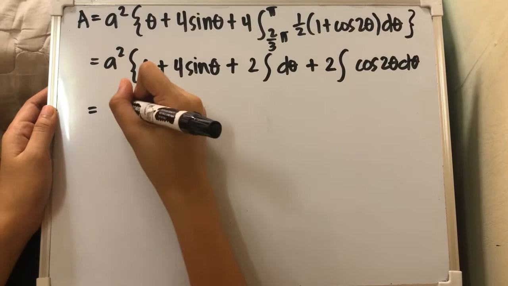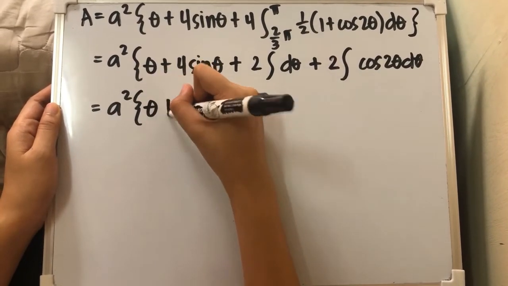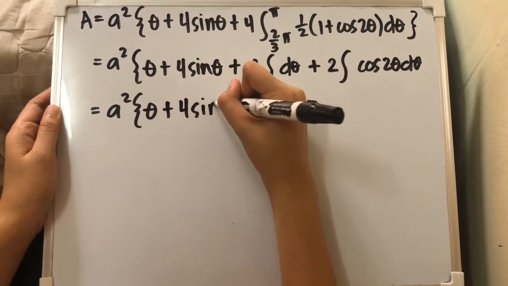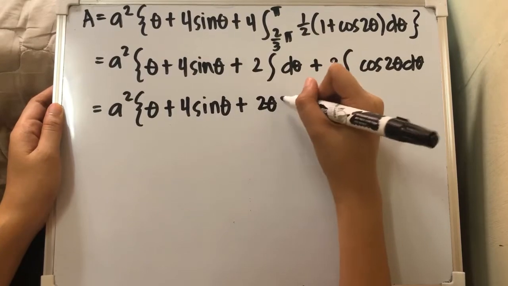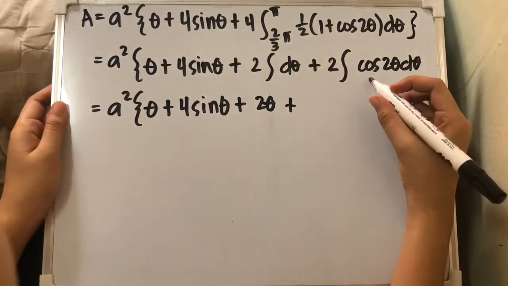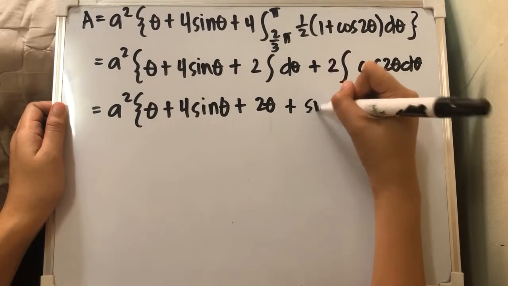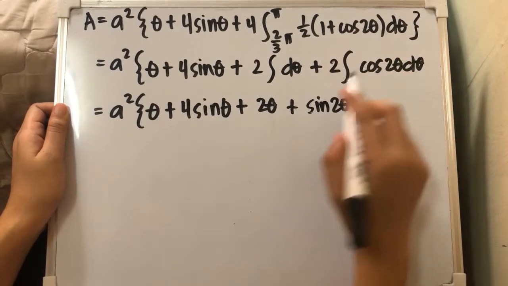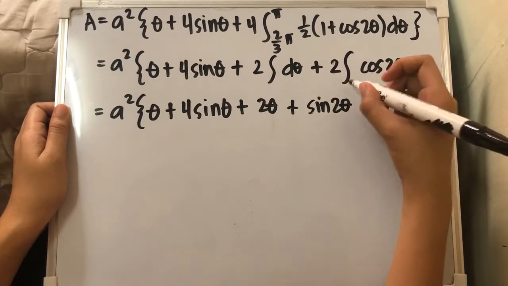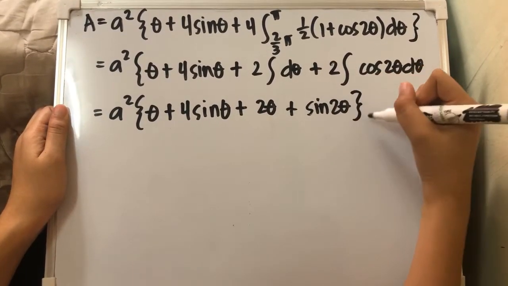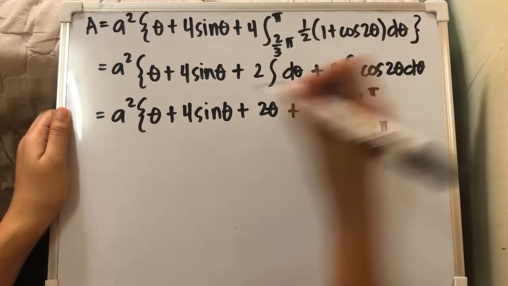So we have a squared theta plus 4 sine theta plus this one, integral of this one is 2 theta plus the integral of this one is sine 2 theta, since 2 times 1/2 is equivalent to 1. And then we have our limits from 2/3 pi to pi.